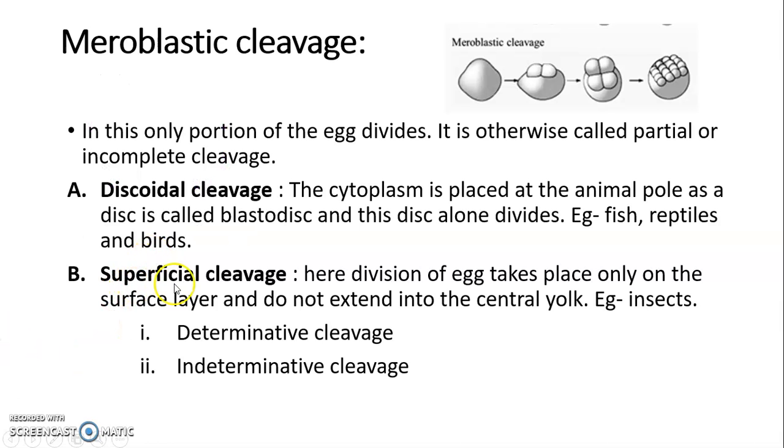In superficial cleavage there are two types: determinative cleavage and indeterminative cleavage. Determinative means the part of the egg, or suppose here this is the egg, and this is the dividing portion and this is undivided.